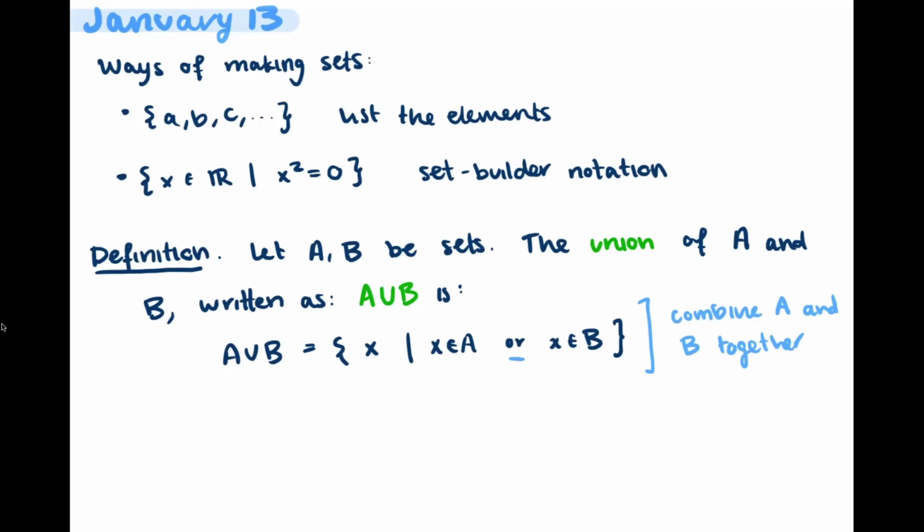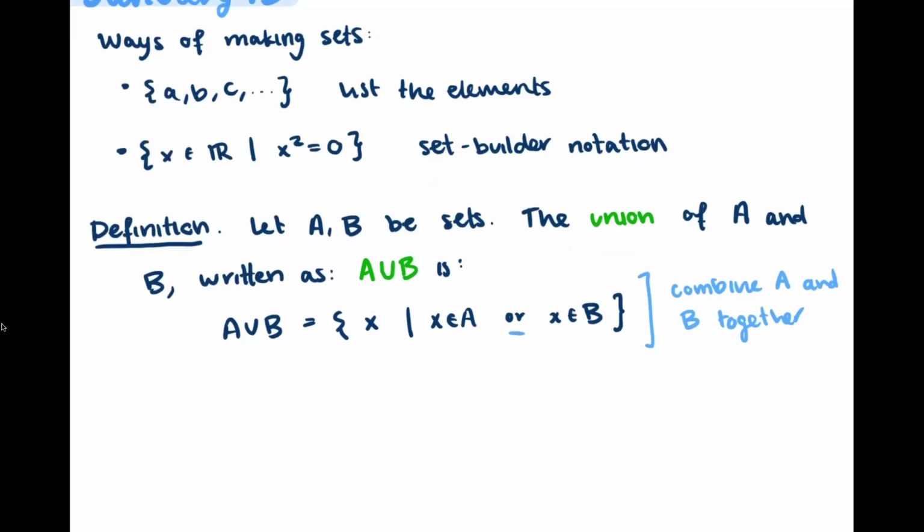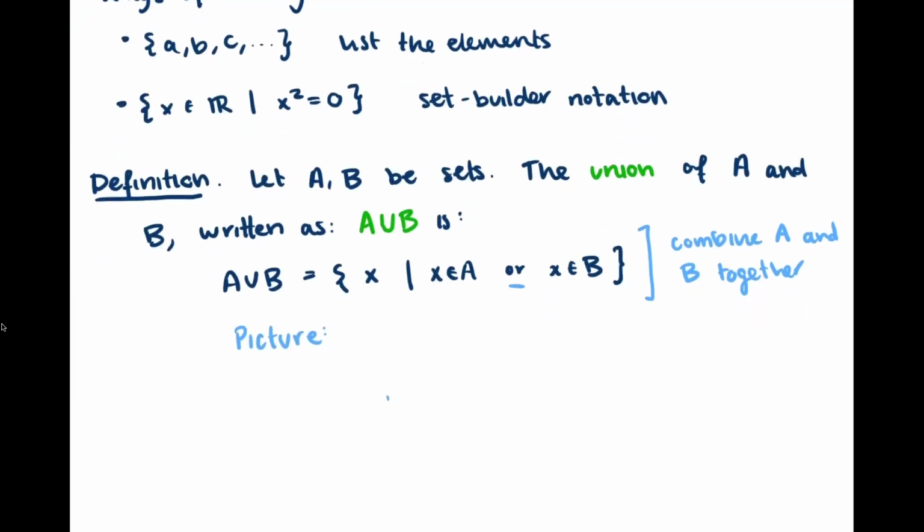So to draw this as a picture, you can visualize it like this: you might have your set A, which I'll just denote as this blob. Everything inside of that blob is an element of A. And then I might have another set B. So here's my other blob, and perhaps they overlap a little bit.